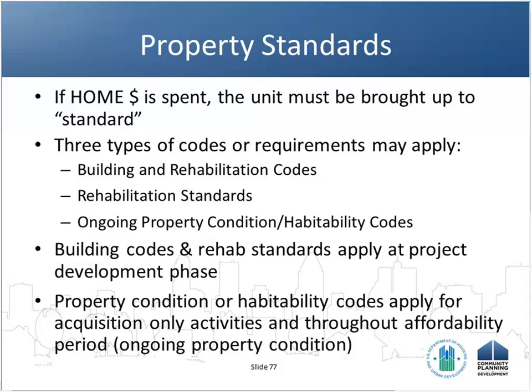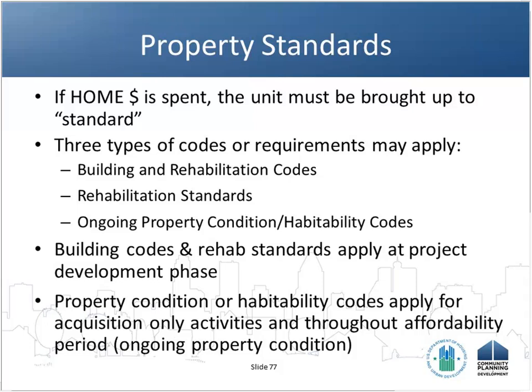And then over the life of the project itself, we have ongoing property standards that essentially set the minimum standard for a unit that's going to be considered safe and sanitary to be occupied. And so those would also apply throughout that affordability period. So we have sort of two tests on this.